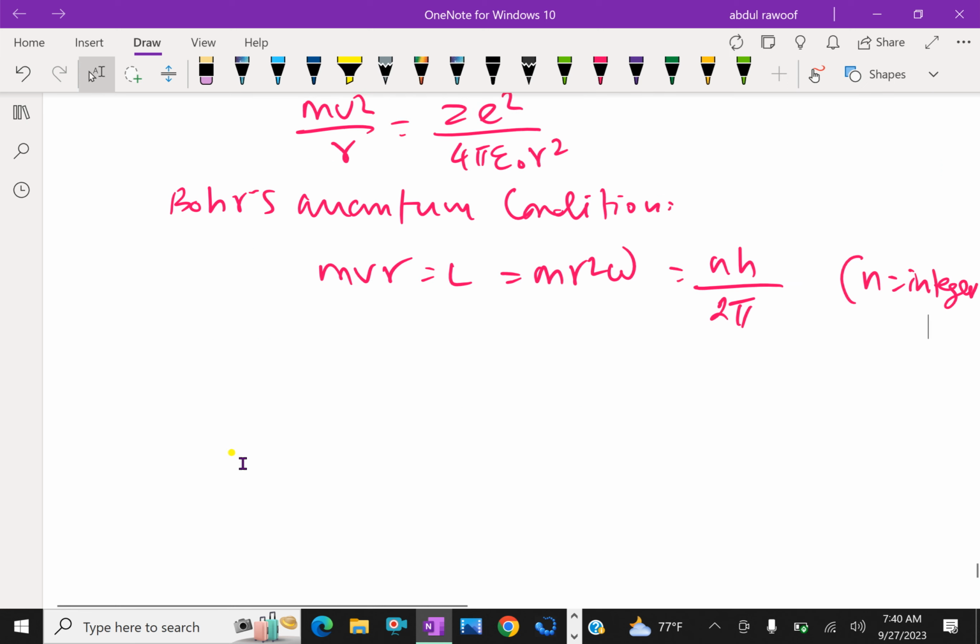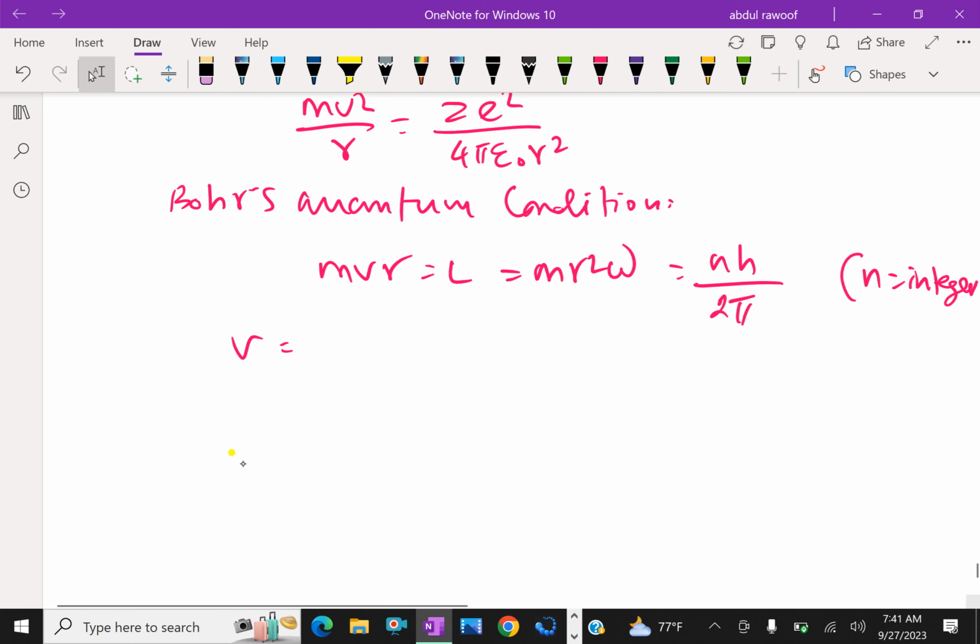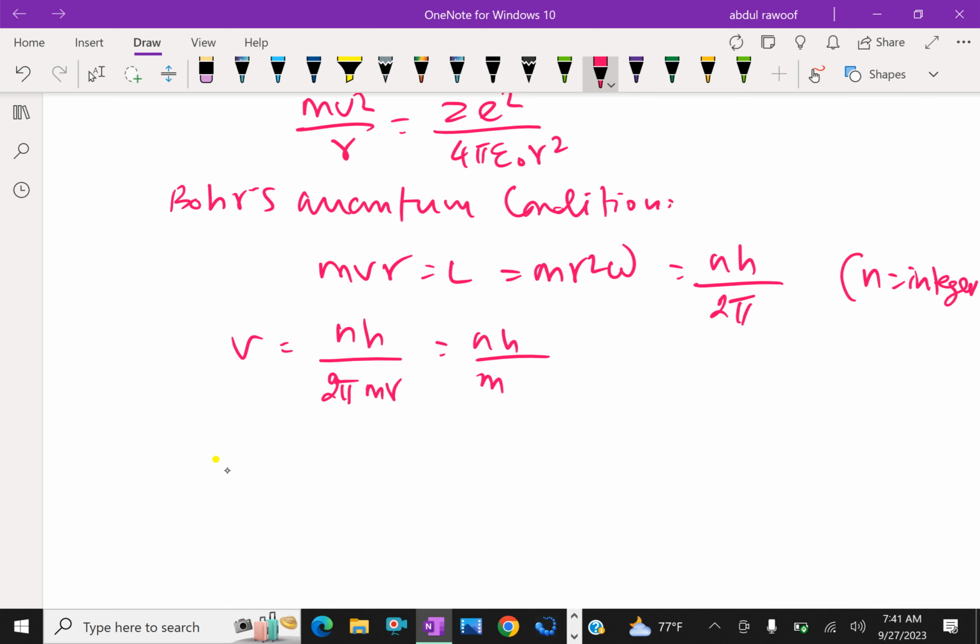Therefore, from this v equals nh over 2 pi mr, that is, 2 pi mr v equals nh, so v equals nh by 2 pi mr.